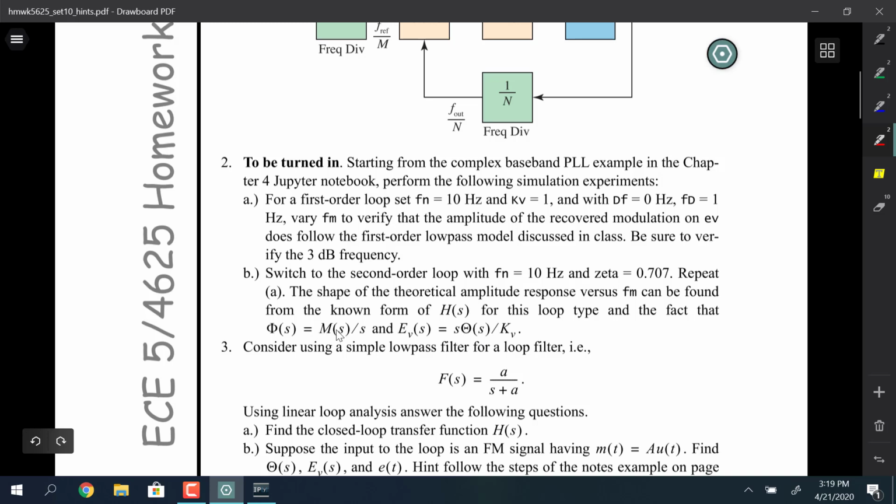And then theta of S is going to be M of S, the Laplace transform of the message, divided by S. So you can see if you just carry this on through, you're just going to get M of S times theta of S. And for the case of the first order loop, that is going to work itself out for the case of the sinusoidal input.